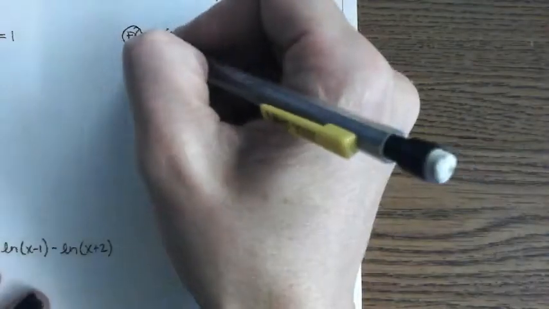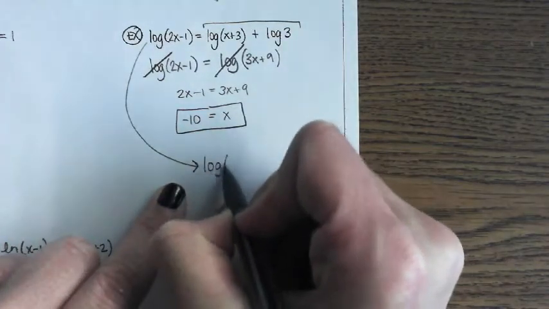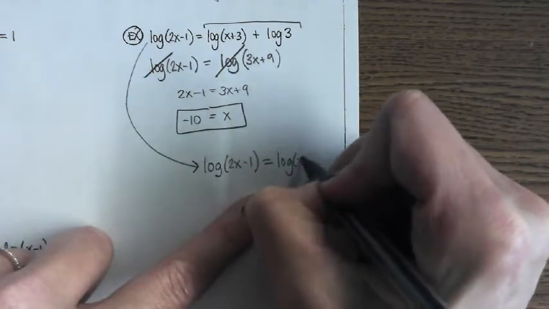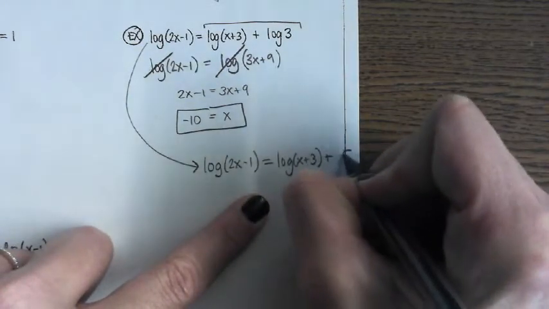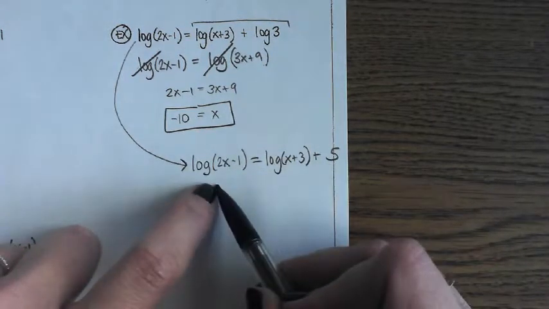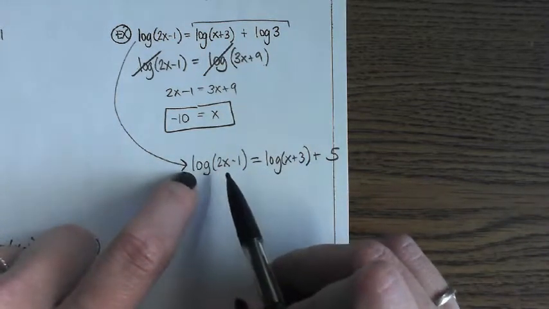That actually, though, I will say this. If this was something like this, and it had just a different random number there, I would have to move this log over and condense this one with this one on the left-hand side. Do you see why?